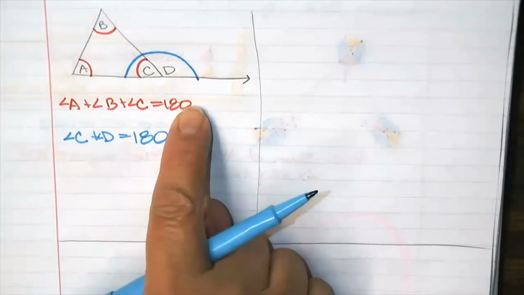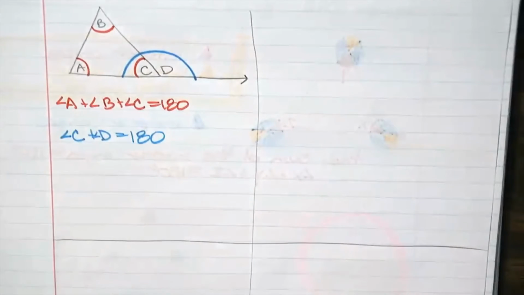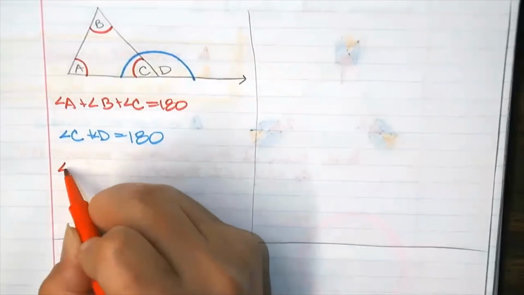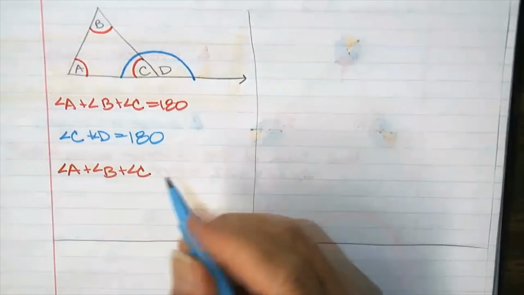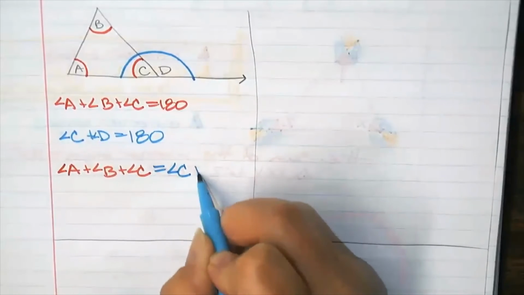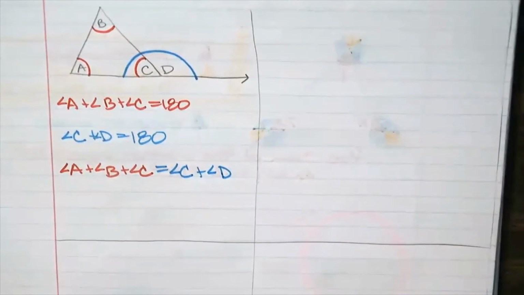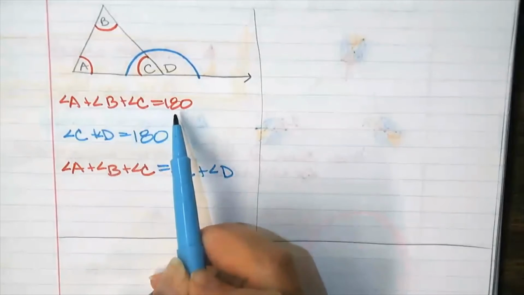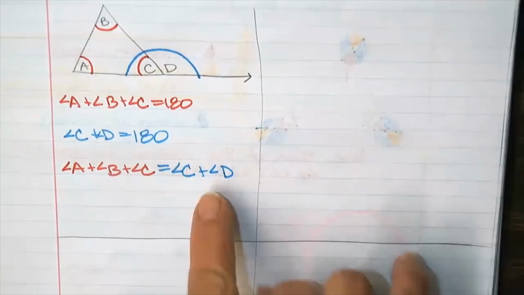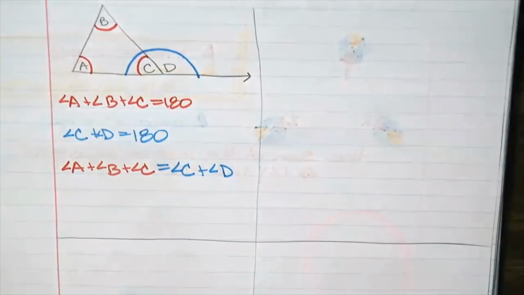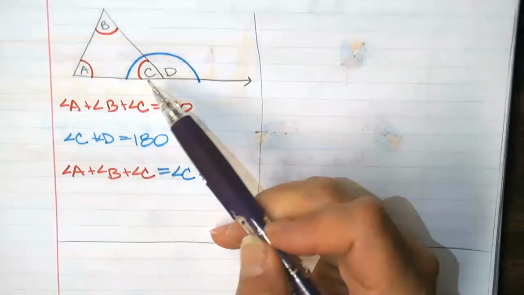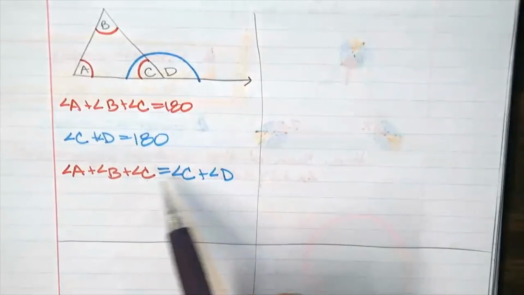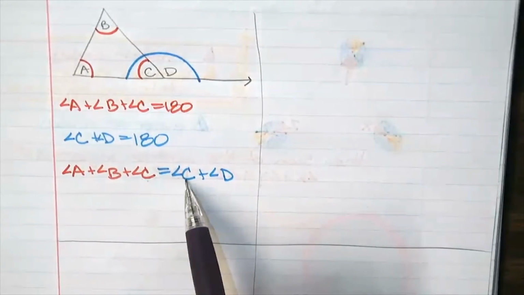So if this equals 180 degrees and this equals 180 degrees, can we say that angle A plus angle B plus angle C equals angle C plus angle D? Because this is 180 and this is 180. So do they equal each other? Yeah. But if we take a look, angle C here is a shared angle, isn't it?